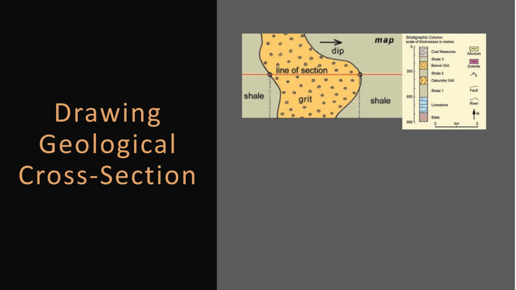we are going to project the outcrops that are exposed on the surface. So in this case, from here to here, we are going to project that outcrop, let's say below, below our map.